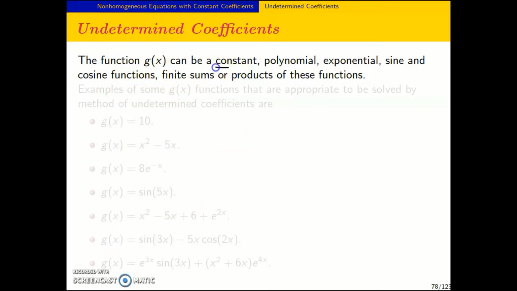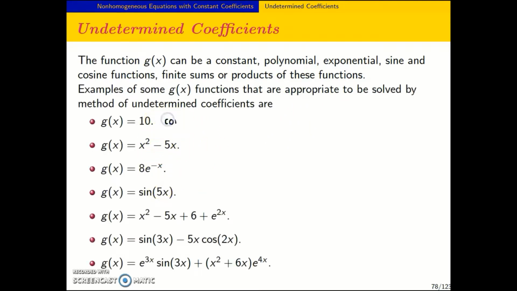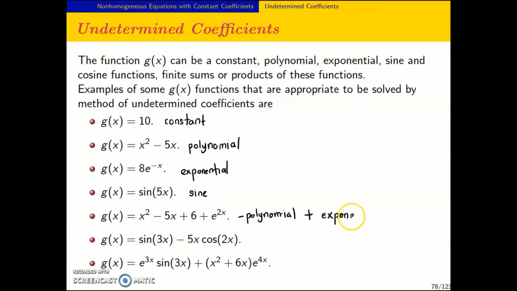The function g(x) can be a constant, polynomial, exponential, sine, cosine, finite sum, or product of these functions. Some examples of g(x) are a constant, g(x) equals 10, or a polynomial of order 2, or an exponential function, or a sine function, or a polynomial plus an exponential, and then a sum of cos and sine, and we can also have a polynomial, exponential, and a trigonometric function.